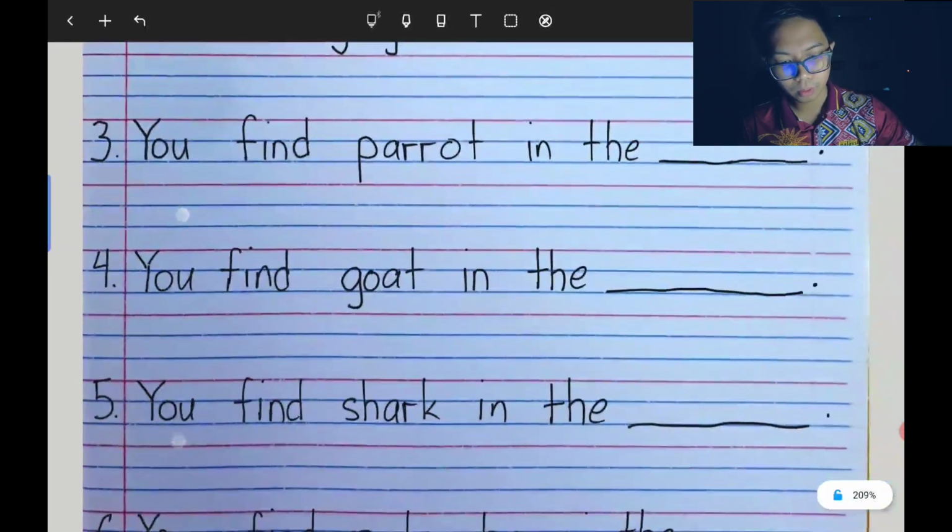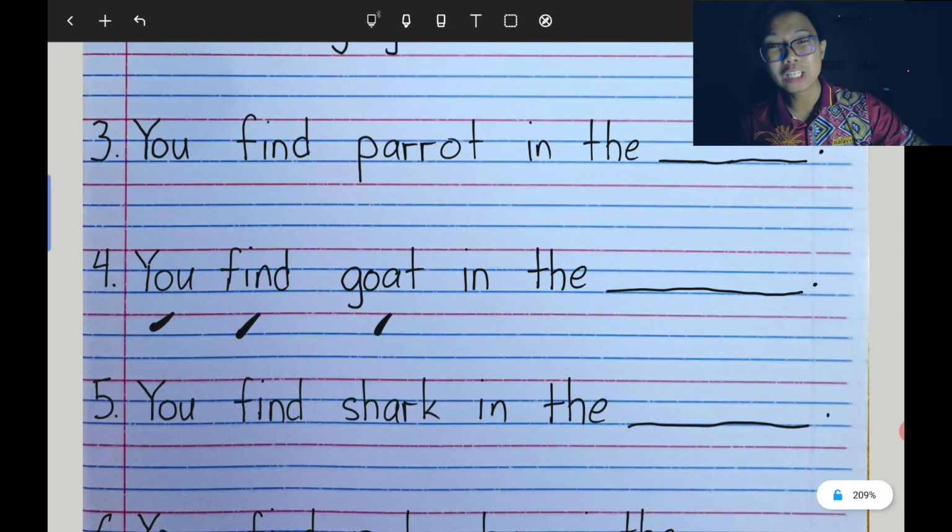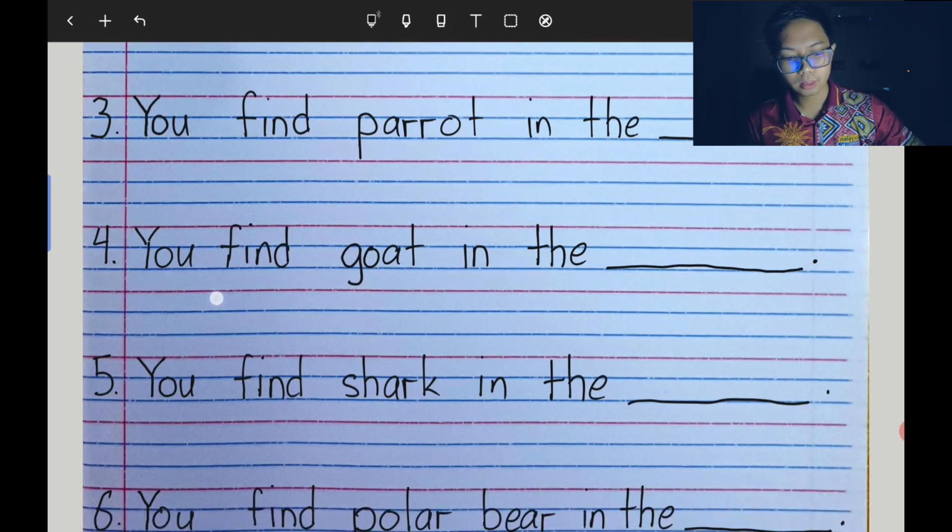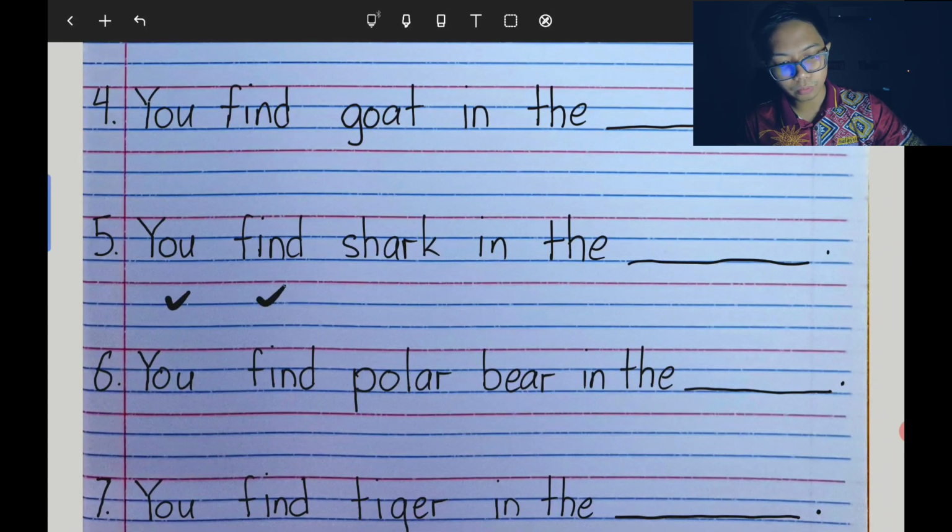Number 4, you find goat, kambing, in the, where? Okay, write down your answer. Number 5, you find shark, okay, shark, ikan jerung, the baby shark, in the, where? So write down your answer.